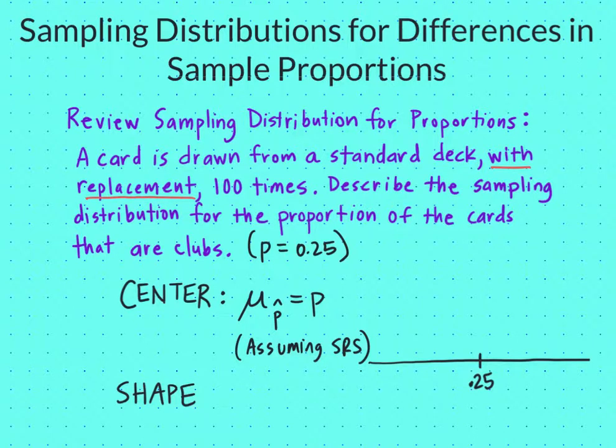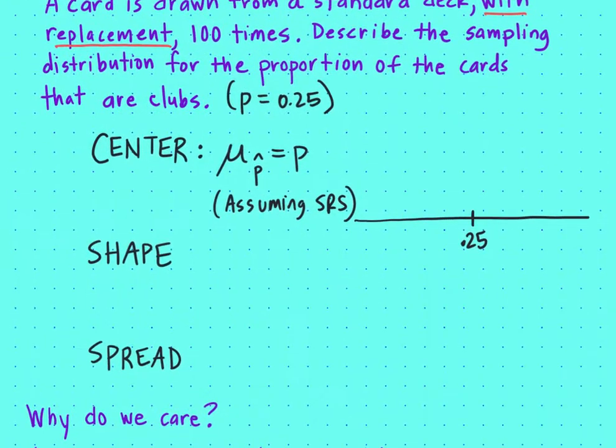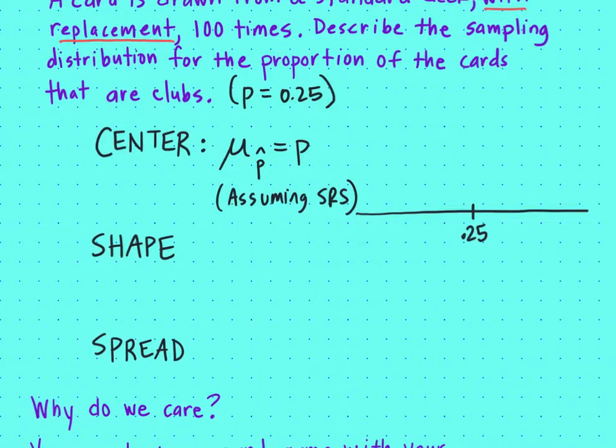So let's move on to shape. Center, shape, and spread, way back when we were learning about SOCS, these were the main ideas. The shape of this distribution is going to be, I should say, approximately normal if, now this goes back to when we talked about what I called big binomials.